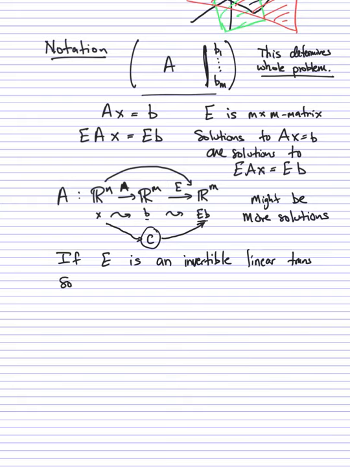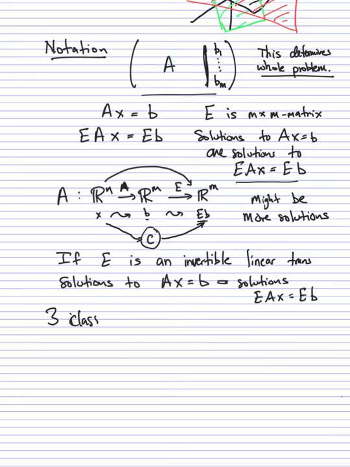So the solutions to Ax equaling b are equal to the solutions to EAx equal to Eb. So what we'd like to do is work out invertible transformations that we can use to make the equation different and hopefully simpler. There turn out to be three important classes of invertible matrices.